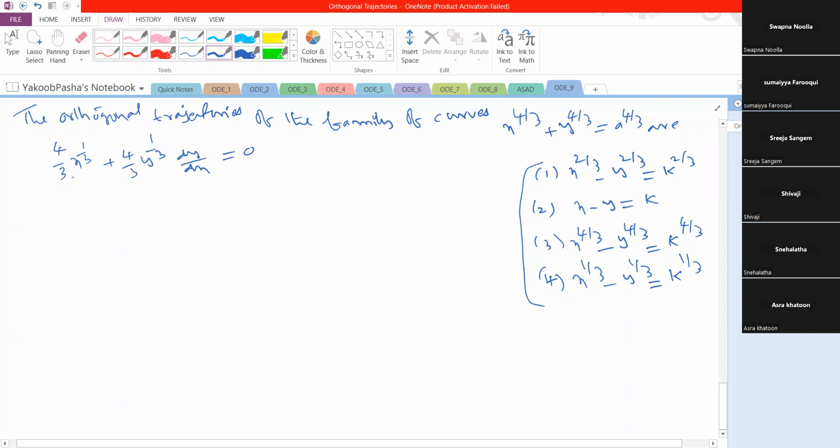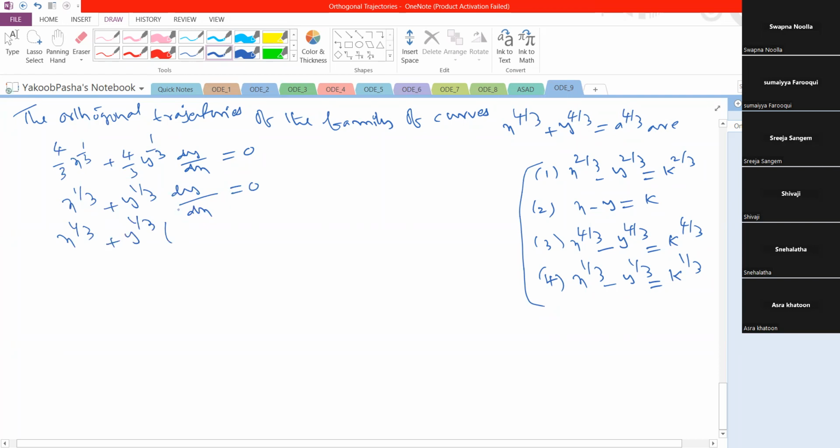So 4 by 3 cancels. So x power 1 by 3 plus y power 1 by 3 dy by dx is equal to 0.